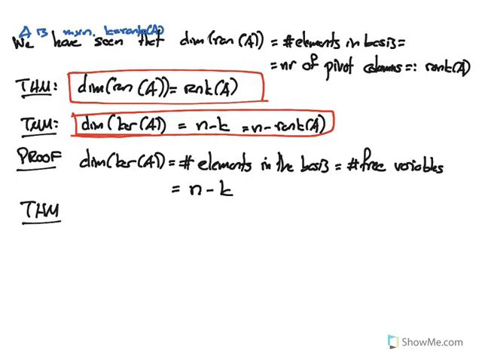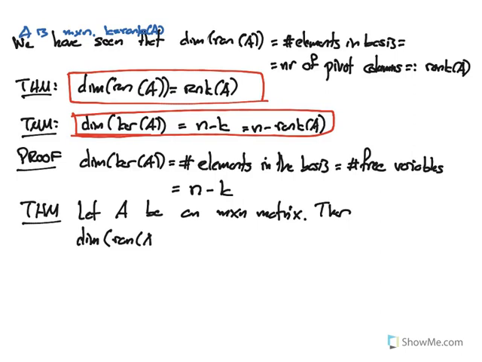If you add these two, this is really a super simple consequence of the previous two. So let A be an m by n matrix. Then if you add the dimension of the range to the dimension of the kernel, then you end up with n.